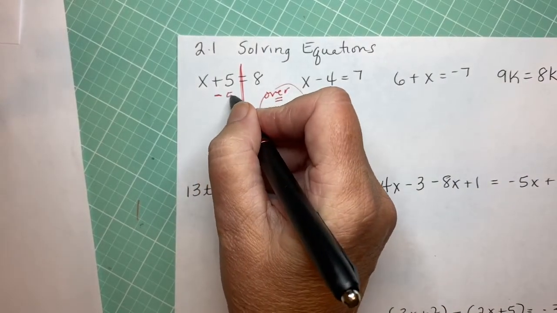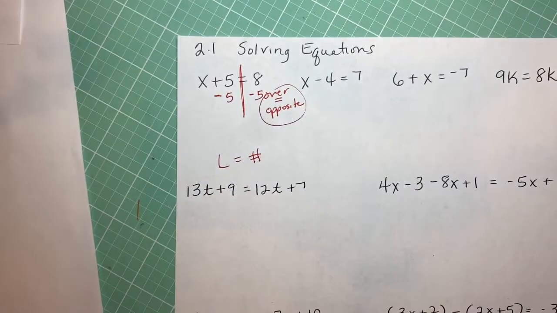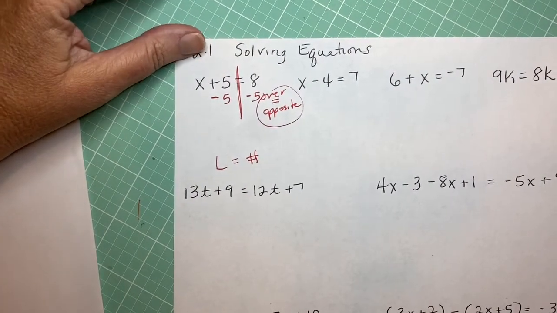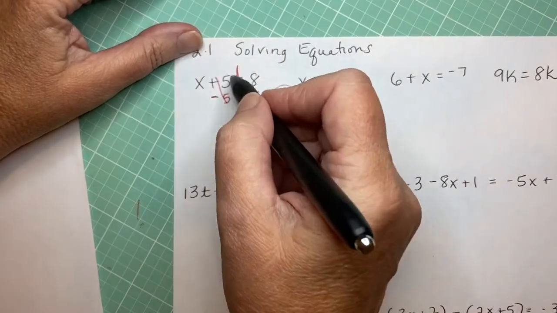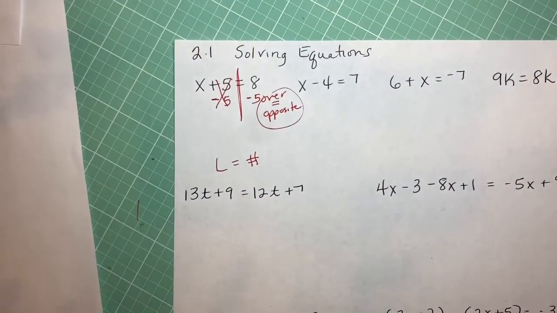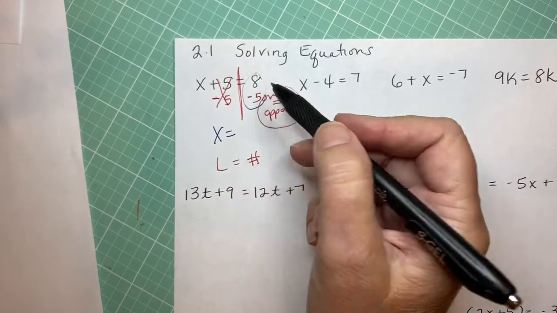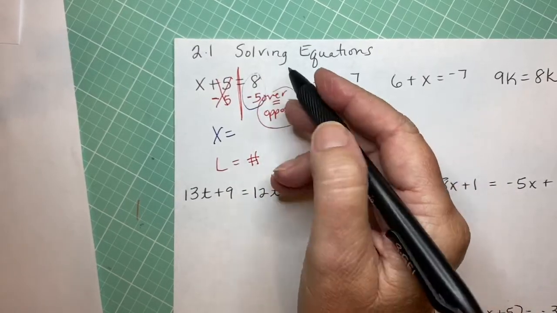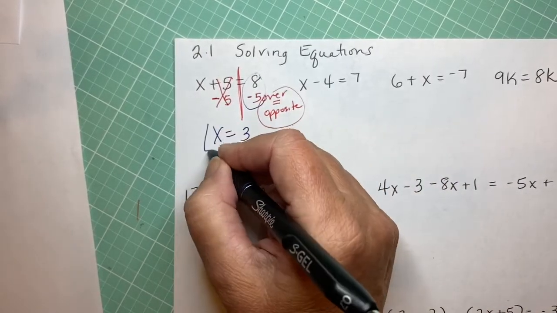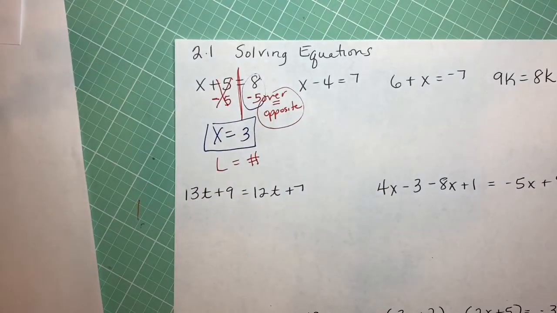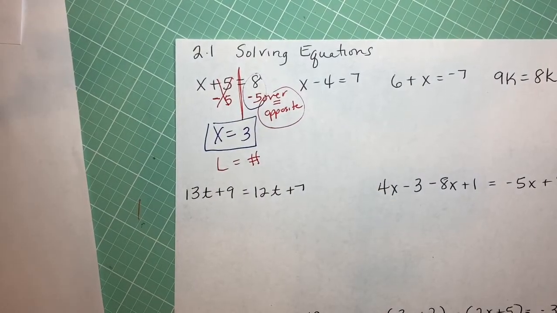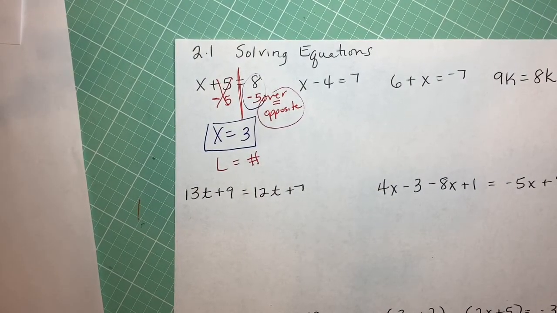The opposite of plus 5 is minus 5. So I'm just going to subtract 5 from both sides, which then cancels out that 5 and leaves me x equals, we do our sign rules. Remember, we never get to forget those. And so 8 minus 5 is 3. So our answer is x equals 3, because you want your letter on the left, the number on the right.